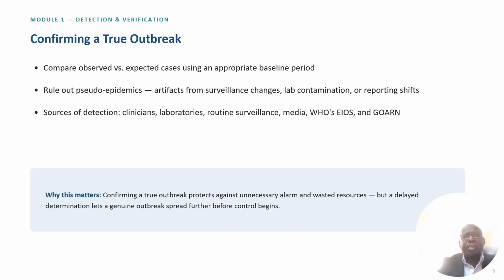The first step in outbreak investigation is confirming a true outbreak. How do we confirm the existence of the outbreak? How do we make sure this is an outbreak or not? To make sure we are in a real outbreak, we have to conduct studies, called comparative observational studies.